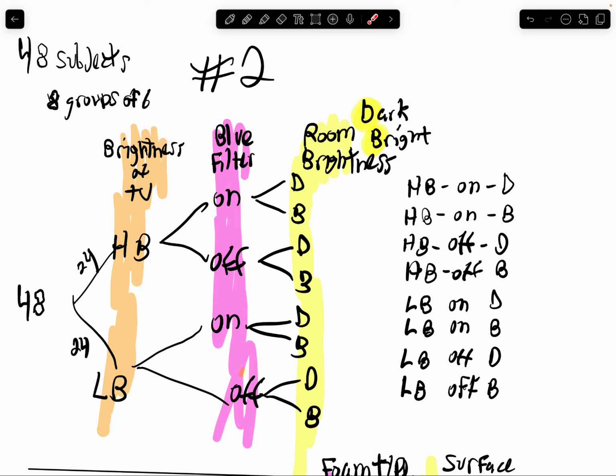The 24 people that look at the high brightness TVs, some of them are going to look at high brightness with the blue filter on, in a dark room. Some of them are going to look with the blue filter off. I'm sorry, with the blue filter on in a bright room. And that's what I did here.